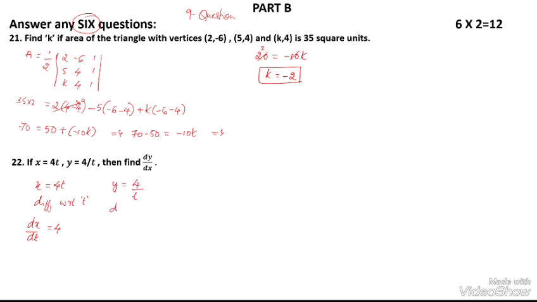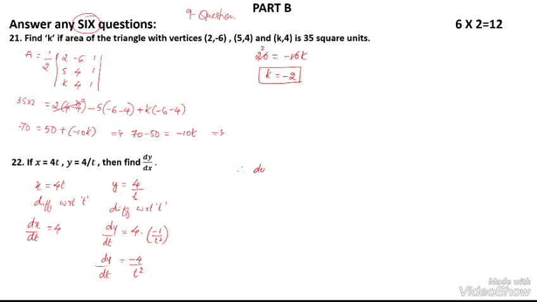Now differentiate with respect to the parameter t. That is dy by dt is equal to 4 will be constant. Differentiation of 1 by t will be minus 1 divided by t square. So multiplying here, dy by dt is equal to minus 4 divided by t square. We want dy by dx.